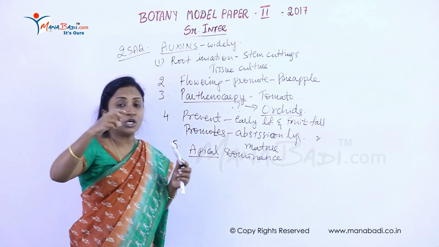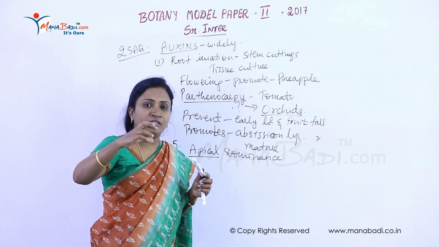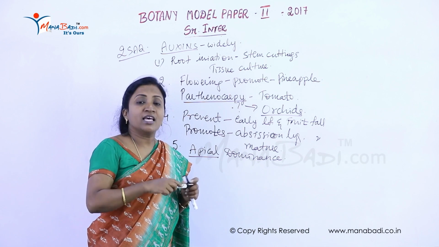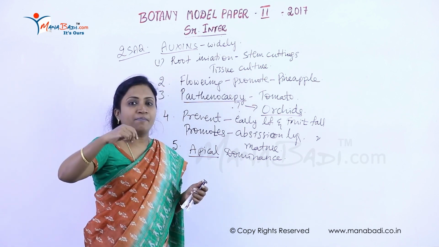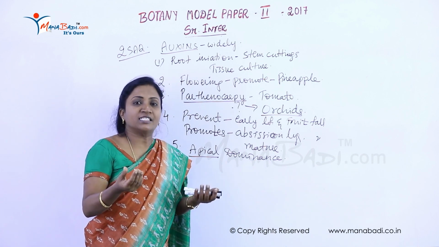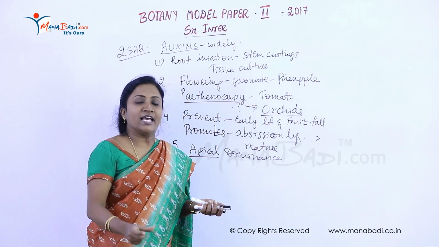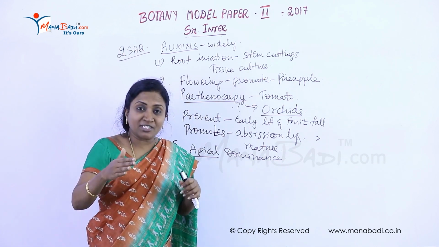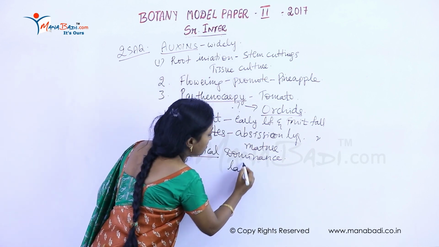Due to the higher concentration of auxins in the stem tip, they help in the vertical growth of the plant, and at the same time they suppress the growth of the lateral buds.